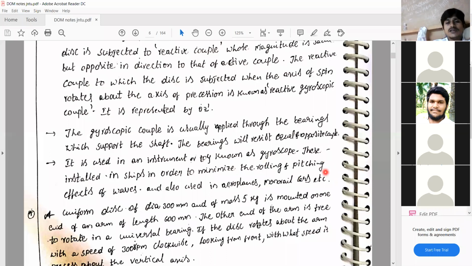Another one is that rolling and pitching effects are reduced in our ships. That also happens with the help of gyroscopic couple.